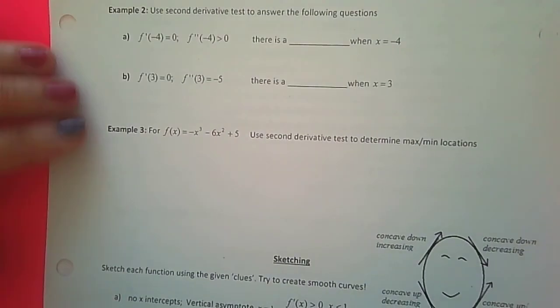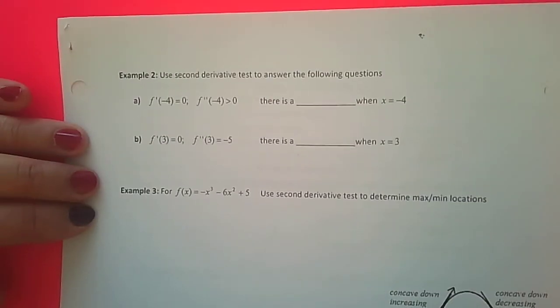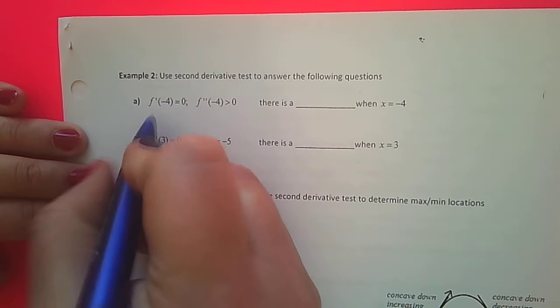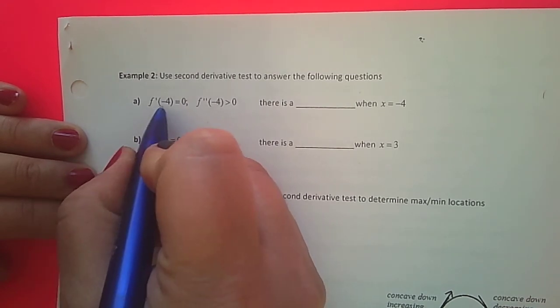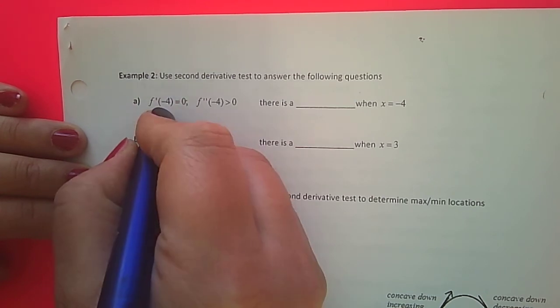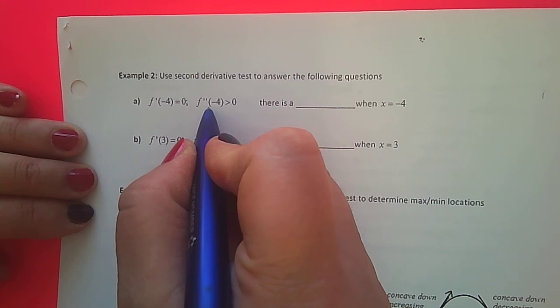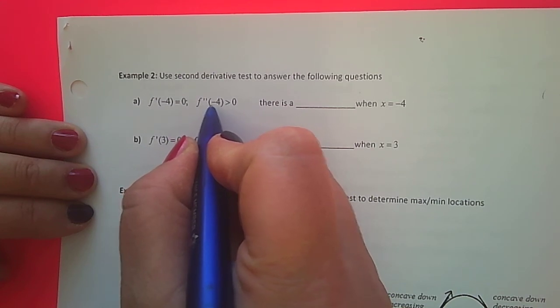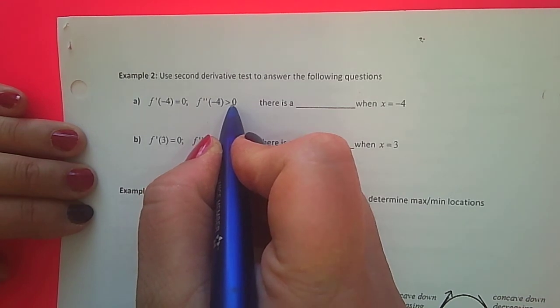All right, so let's look now at example 2. It says, use the second derivative test to answer the following questions. This is the given information. First derivative is 0 when x is negative 4. So we will have a horizontal tangent when x is equal to negative 4. And the value of the second derivative when x is equal to negative 4 is positive.